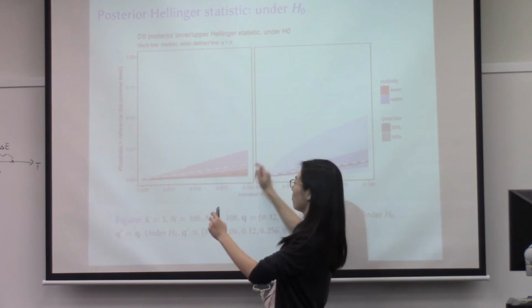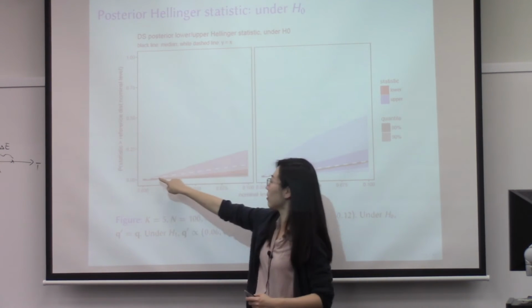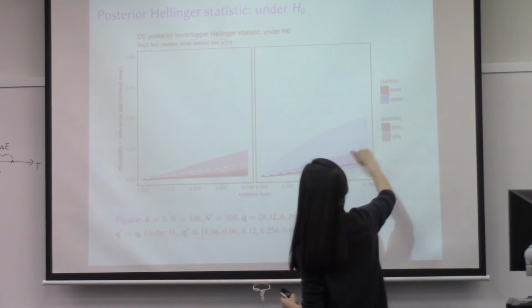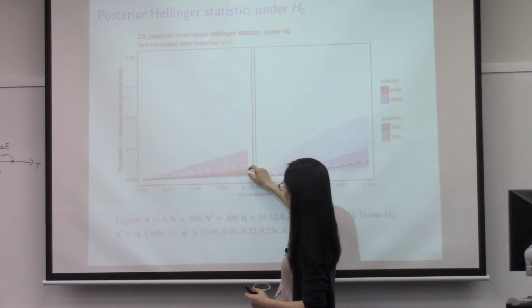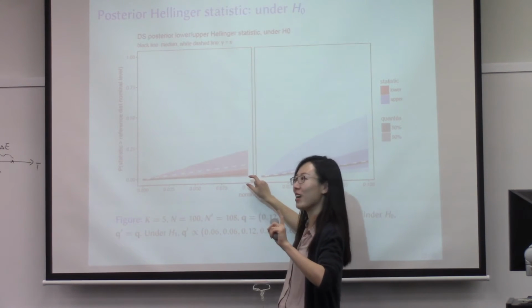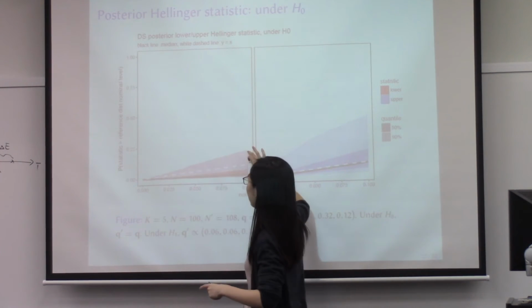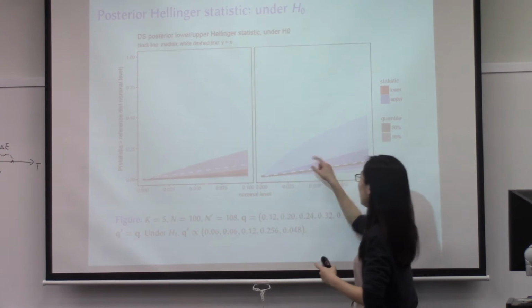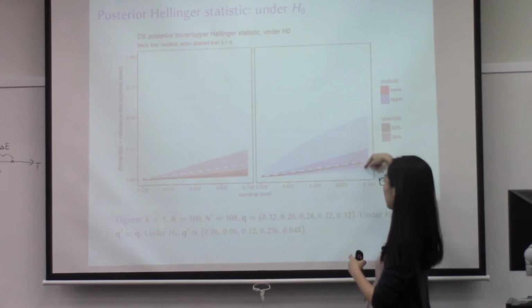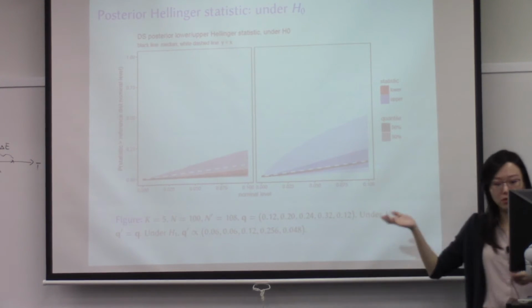So this is only 0.1, that's 1, so this is actually of slope 1. And these are telling you about the quantiles, where the 50% quantile of the lower end of the Hellinger statistic random interval is around here, and this is the 90%. And same here for the upper end of the Hellinger statistic random interval. They're over here. This is under the null.